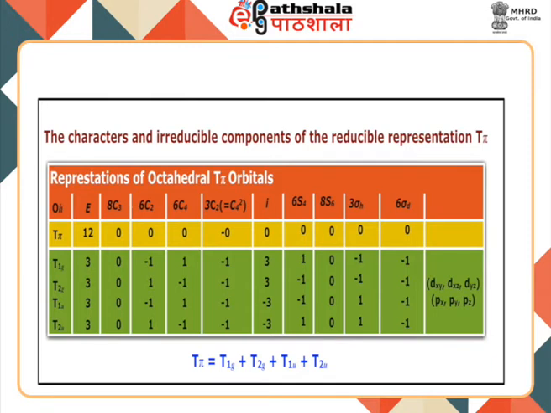The T1u group orbitals are directed toward the ligand and thus are capable of forming strong sigma interactions. Now, if they participate in the pi bond formation, then they will conversely weaken the sigma bonding. Hence, their taking part in the pi bonding is not very favorable.